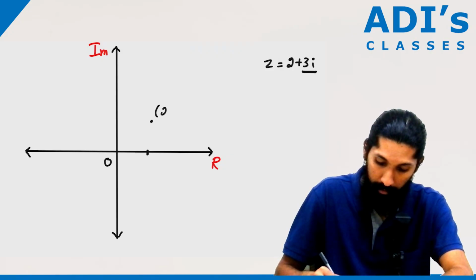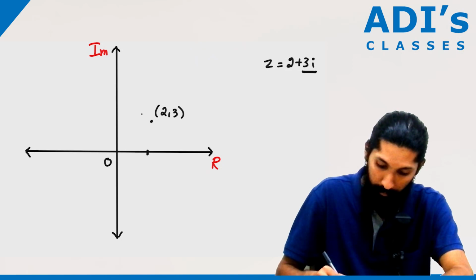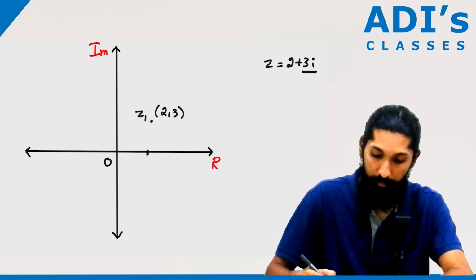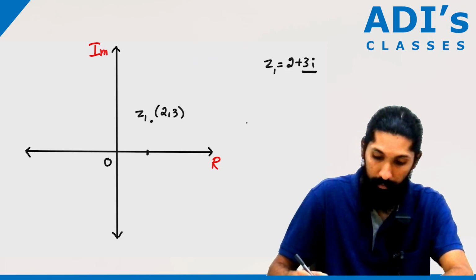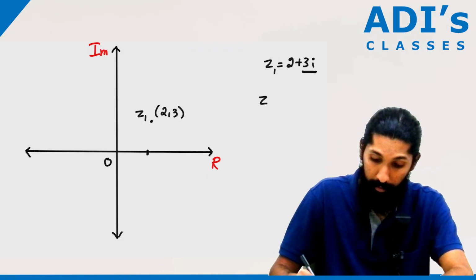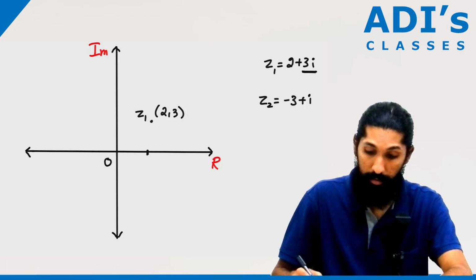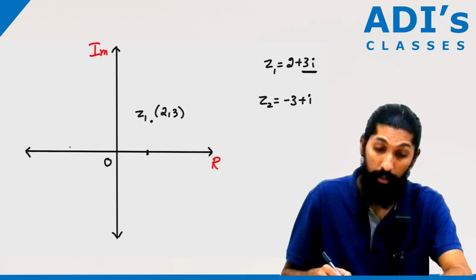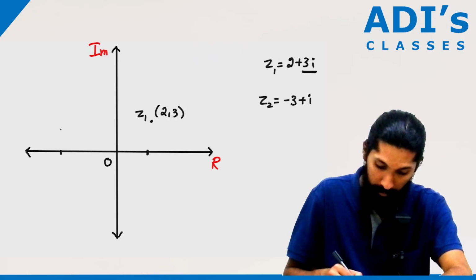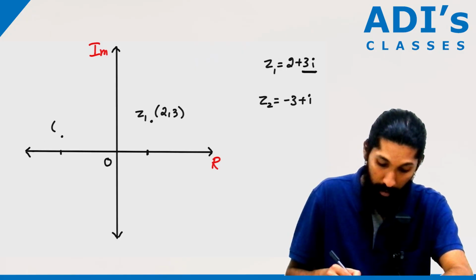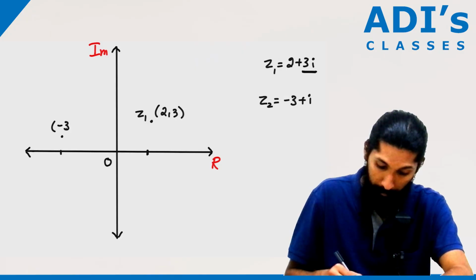And this we represent as 2, 3. Say this is z1. Fair enough. Now z2, say you have minus 3 plus i. Minus 3 is on the left side, so this is going to be minus 3 plus i, which you can represent as minus 3, 1, and this is z2.